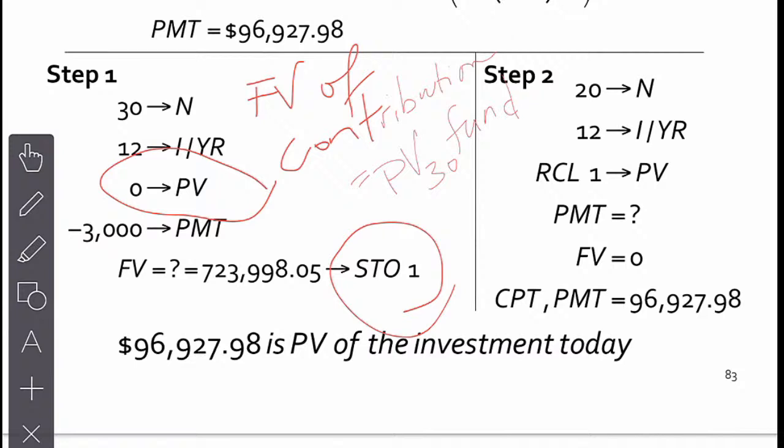If you enter PV as a positive from here, then your payment will come out negative. And you know that that is the payment amount.